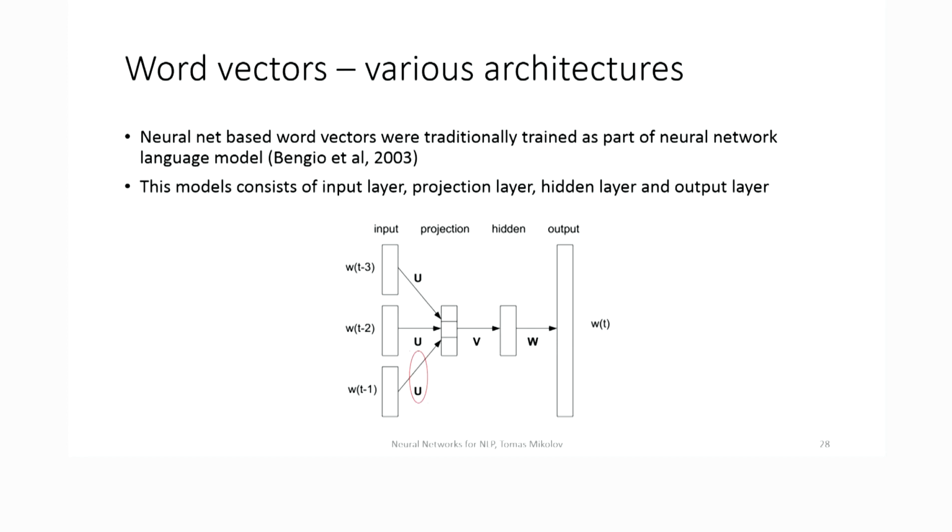Then a projection layer where the matrices U are shared across positions. The projection layer was linear, then there was a nonlinear hidden layer, and then the output layer that tries to predict the next word. So that's the feedforward neural language model.